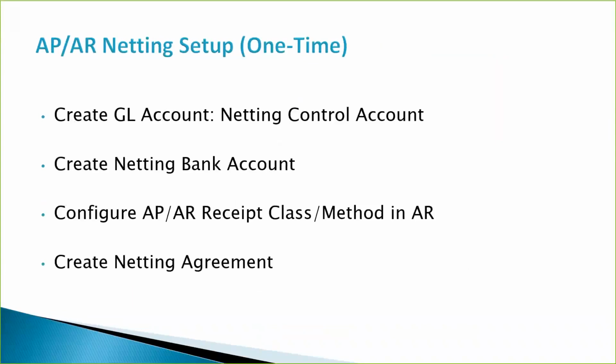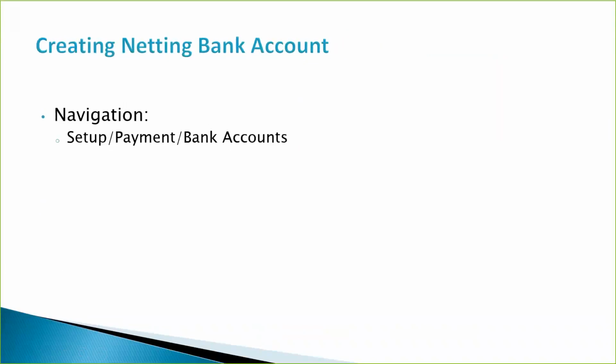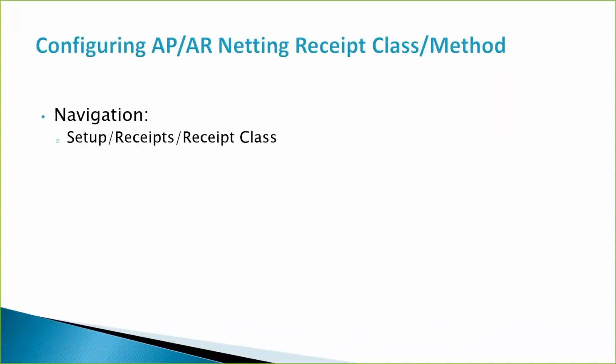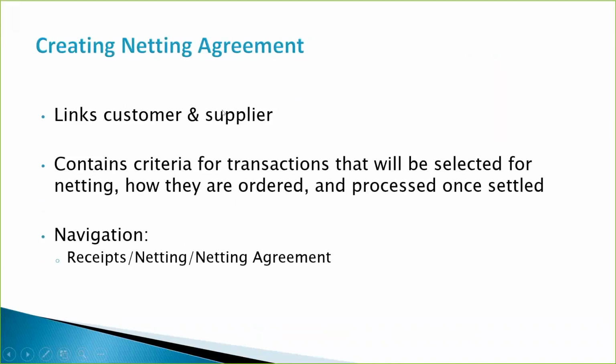So finally, in our steps, we are going to create a netting agreement. Now, of course, before we create a netting agreement, we say the netting agreement links customer and supplier, who in this case are the same trading partner, right? And that's why we can do this netting. And we talked about some of the things that the netting agreement determines. It contains criteria for transactions that will be selected for netting, and how they are ordered and how they are processed once they are settled.